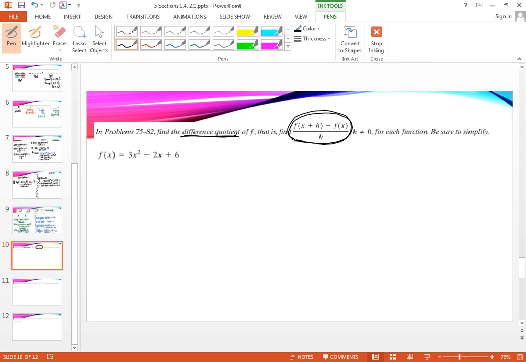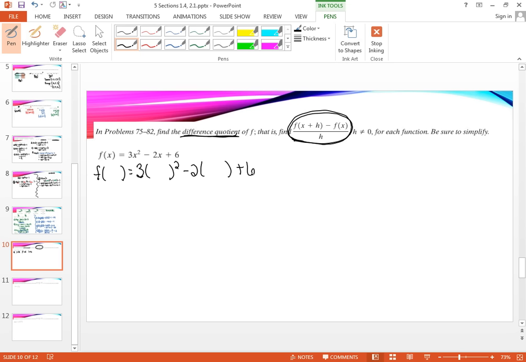So f of x is 3x squared minus 2x plus 6. And I'm going to come right below it, and I'm going to write f of something. It's the same thing. So it's 3 times something squared minus 2 times something plus 6. That trick where I was taking the x's out and putting parentheses.